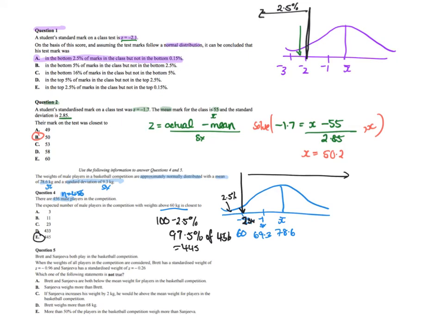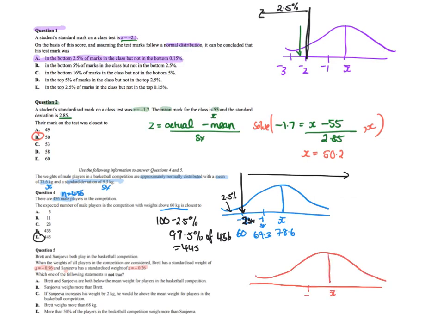Okay, and now this last one. Brett and Sanjeev both play basketball. When the weights of the players in the competition were standardized, Brett has a standardized weight of 0.96 and Sanjeev has a standardized weight of negative 0.26. Which of the following are true? Sometimes I think it's still better if you draw a little diagram and work out where these people are.